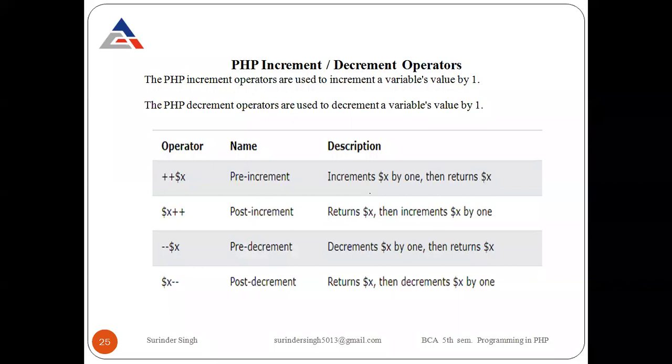And now, increment and decrement operators. The PHP increment operators are used to increment a variable's value by 1 and decrement is used to decrease the value by 1.